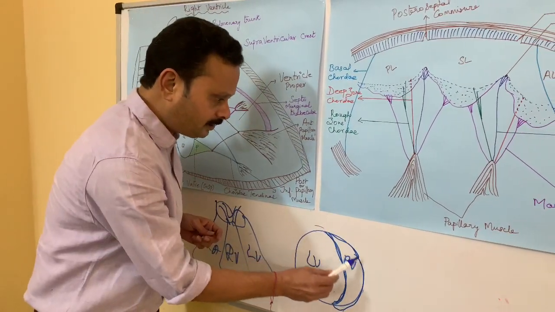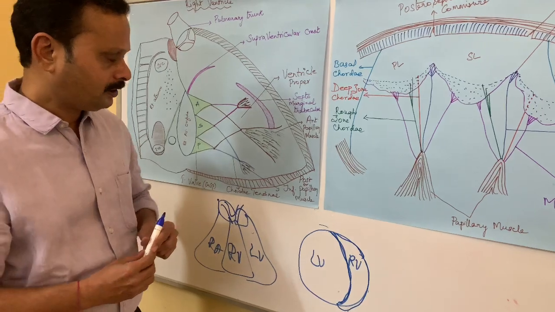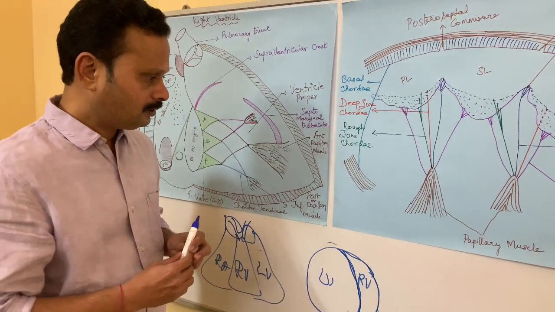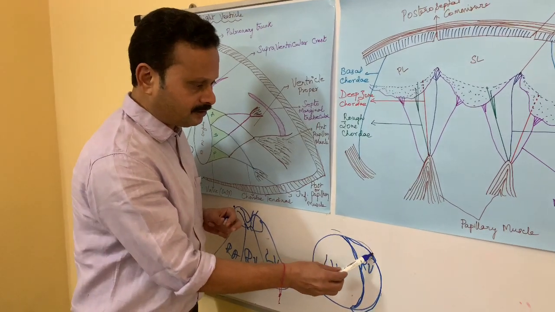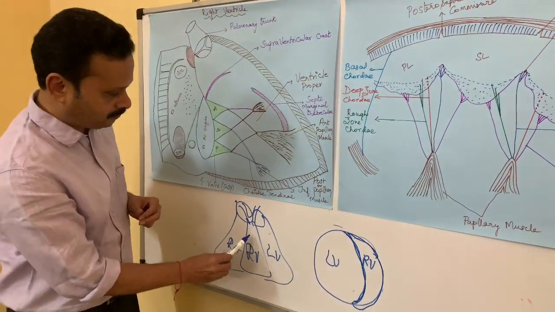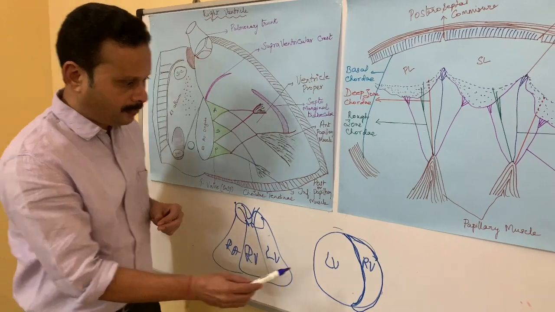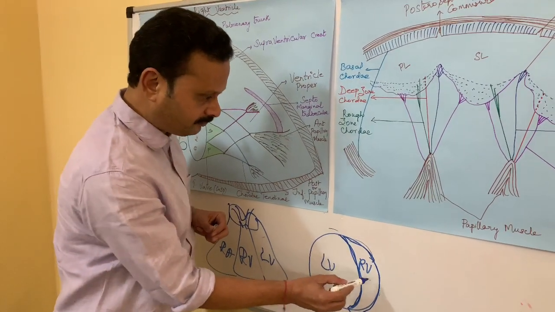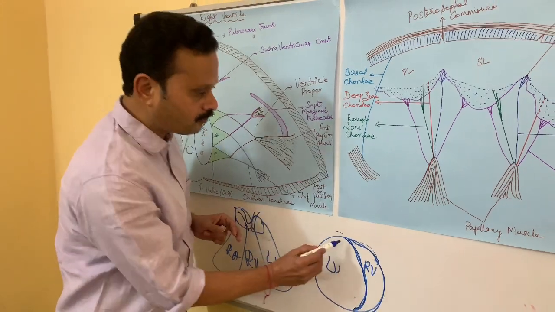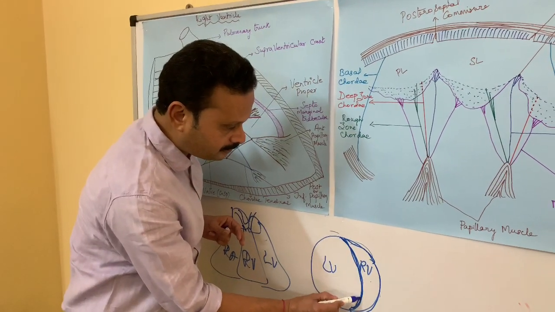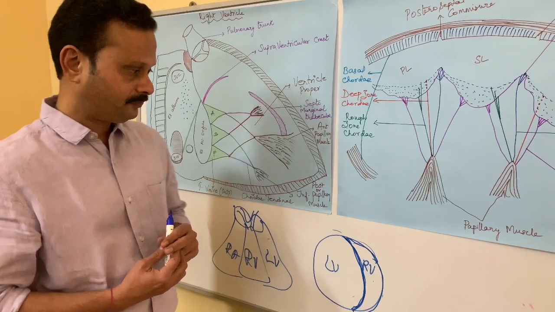If you see the interior of the right ventricle, it consists of three surfaces: the sternocostal surface in front, the inferior surface, and the posterior surface, which is formed by the interventricular septum.